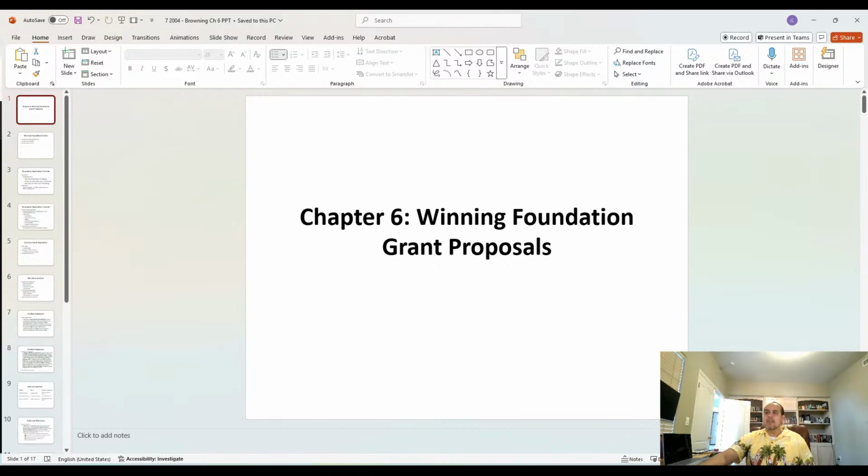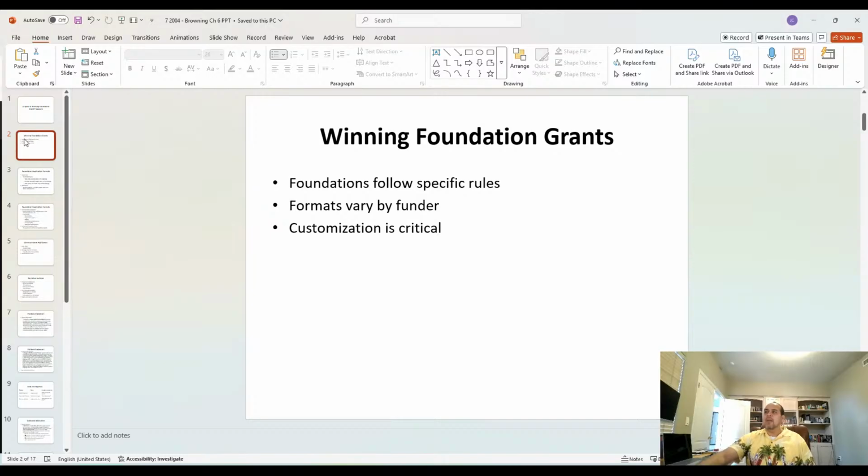So okay, let's go ahead and talk about foundation grants. Like any grant, foundations are very specific about the formatting. They vary by funder, and even though some foundations do utilize a very similar format, generally they're going to use their own format.